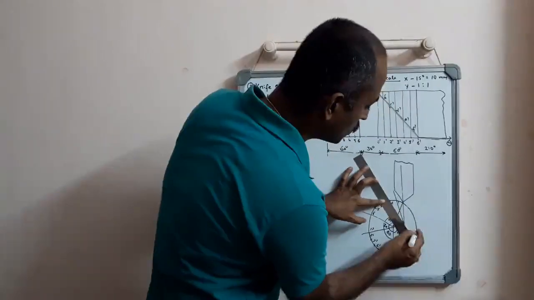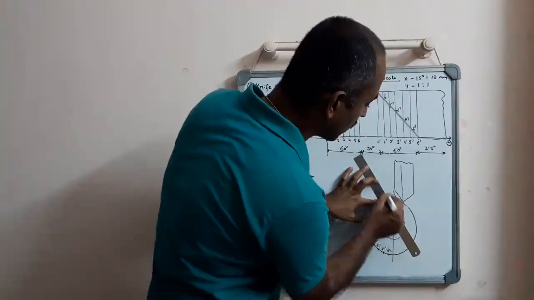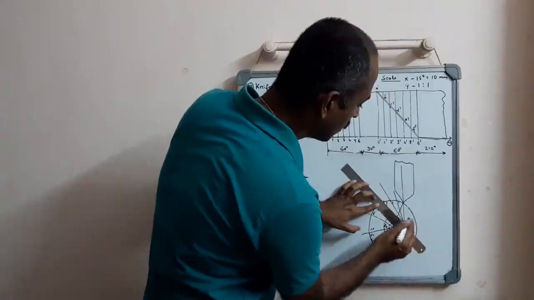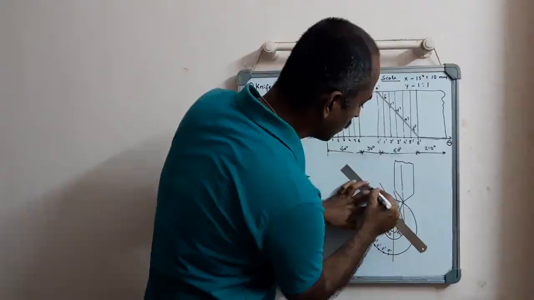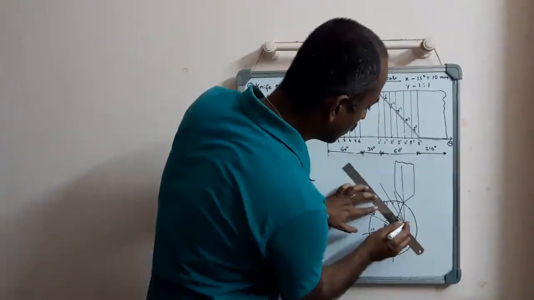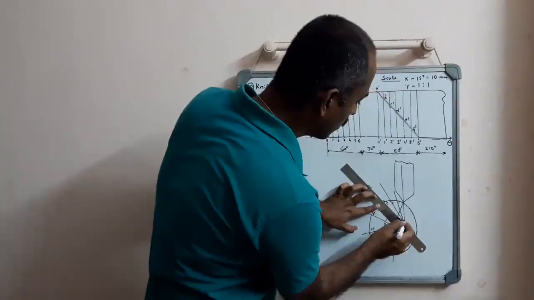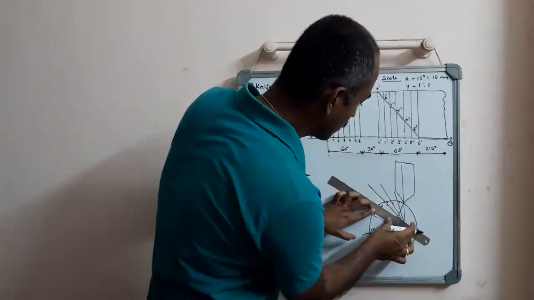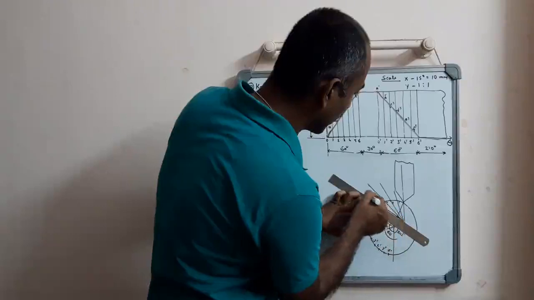Passing through 2 and tangent to the offset circle. So here we call them tangent lines, not radial lines.